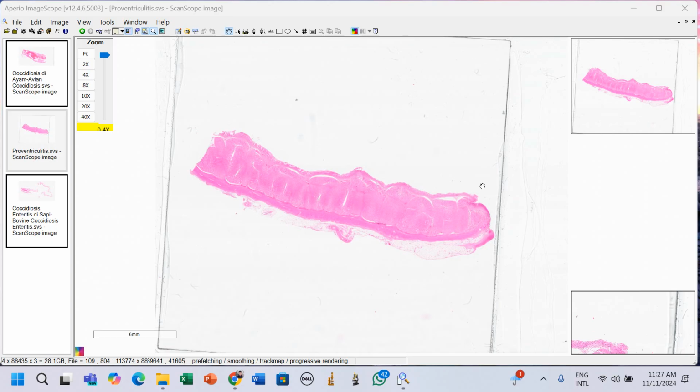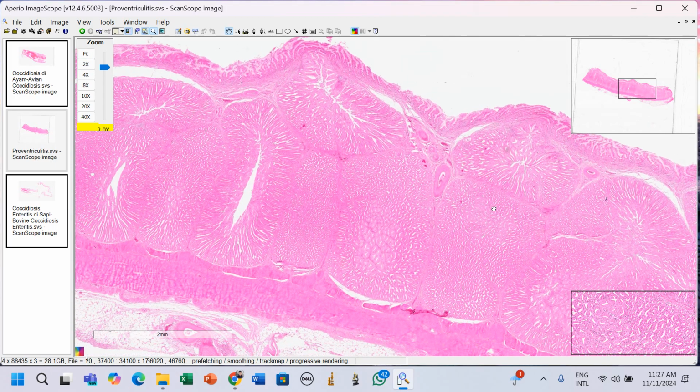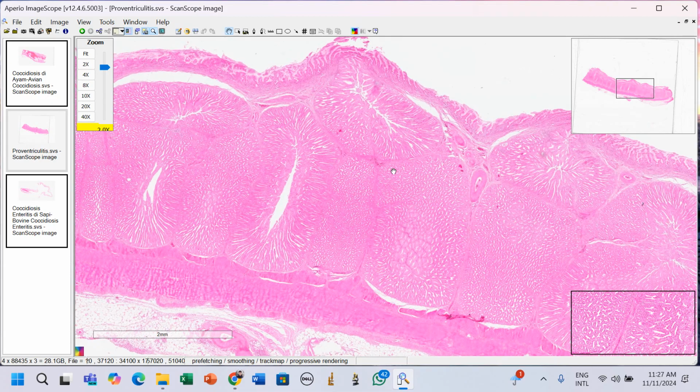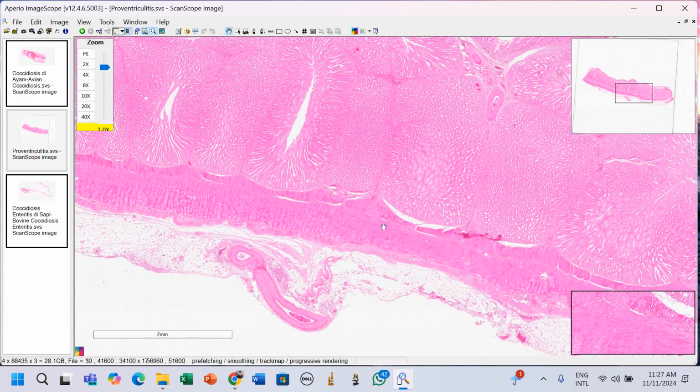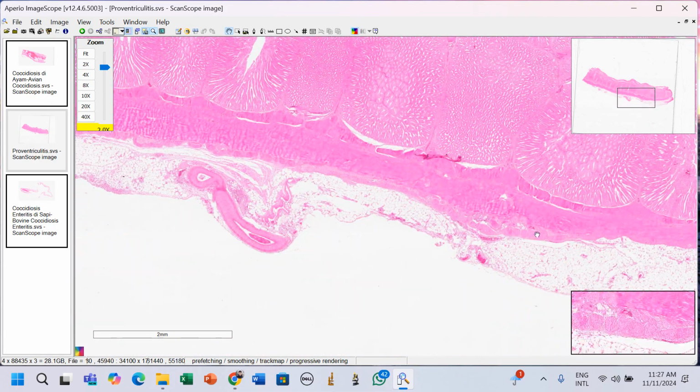Let's see the morphology of the proventriculus. So this is the proventriculus. From here to here is the mucosa, this is the muscular layer, and this is the serosa or adventitial layer.